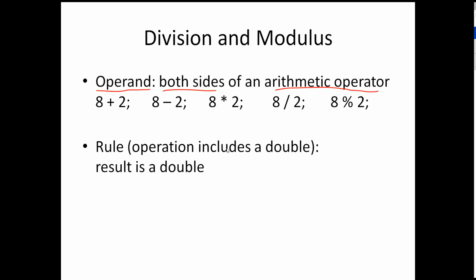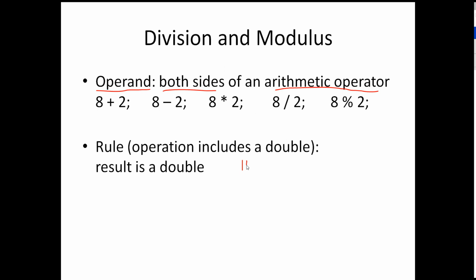And so the rule is this: when an operation includes a double, which is a decimal, the result is going to be a double or a decimal. So if one of the operands, just one or both, is a double, then the answer has to be a double.